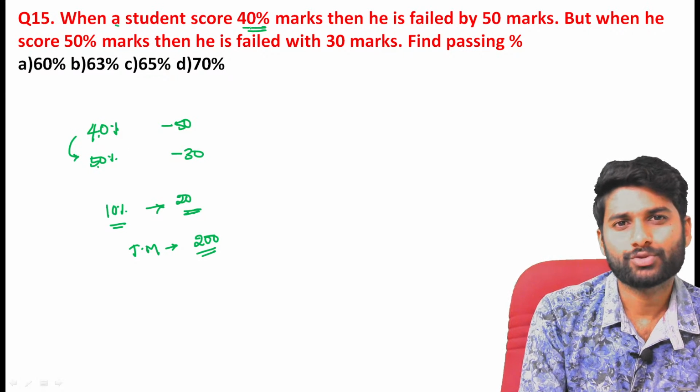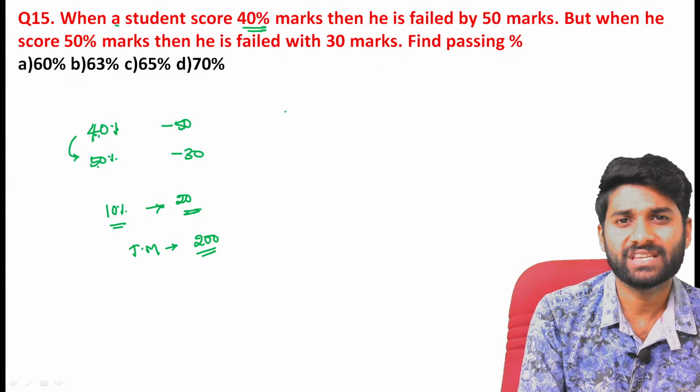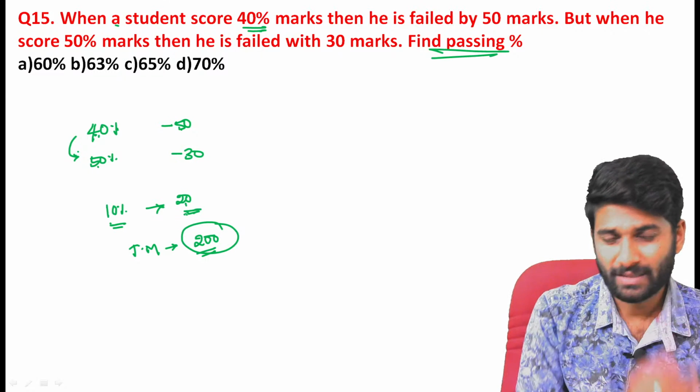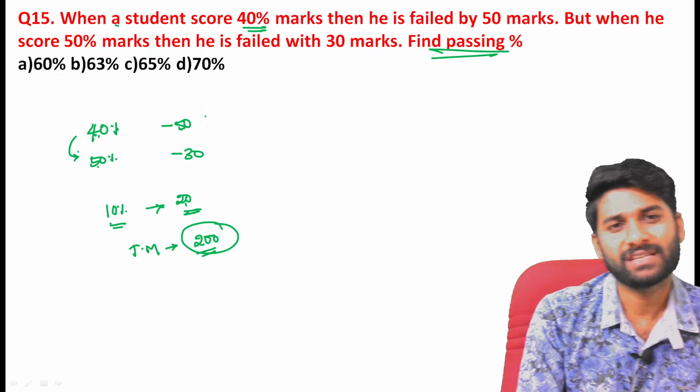When a student scores 40 percentage, he failed by 50. But if he scores 50 percentage, still he failed by 30. Now find the pass percentage. The difference value is exactly equal to 20, then 100 percentage is exactly equal to 200. Now we want the pass percentage value.